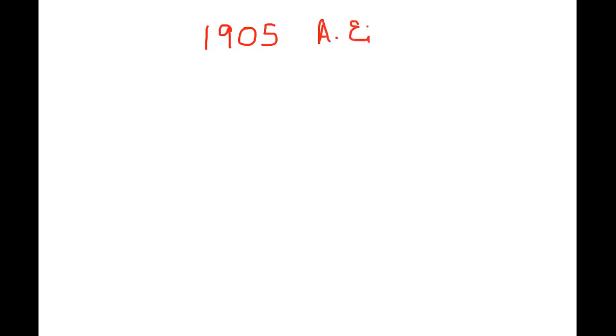Now, what he said is that in an evacuated vessel, if you keep a metal surface, and if a suitable light is allowed to fall on the metal surface, electrons are emitted from the metal surface. By a suitable light here, it means that the light should have a minimum frequency, a suitable frequency.